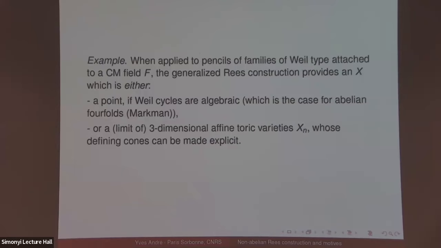Either it is a point, fortunately, and then the standard conjecture D is correct in that case, or there is another possibility, which is quite explicit: it is the limit of three-dimensional explicit affine toric varieties and complete cones. Of course, for abelian fourfolds, Markman recently proved that it is a point.